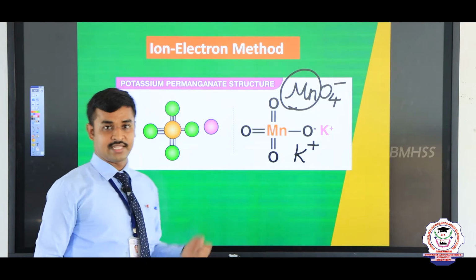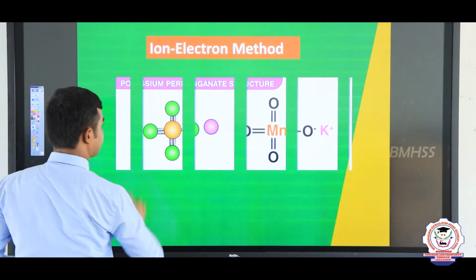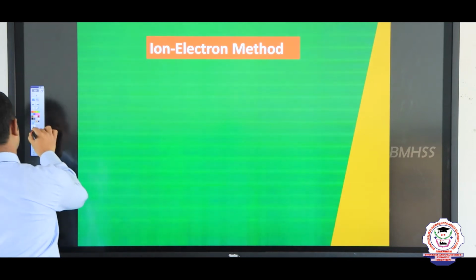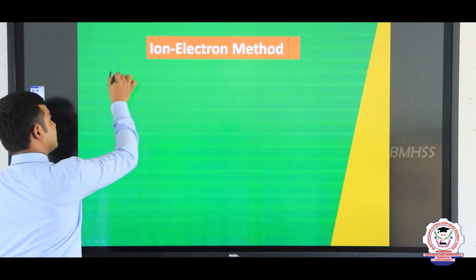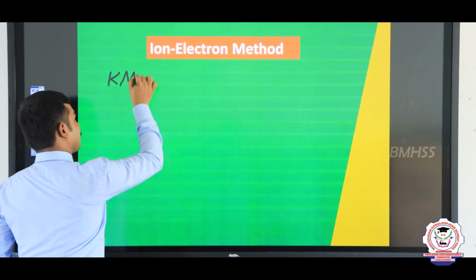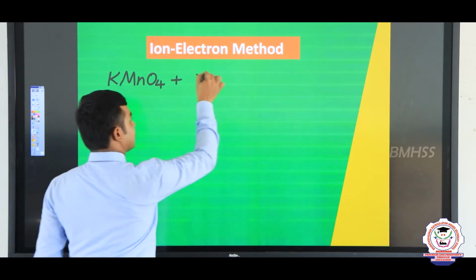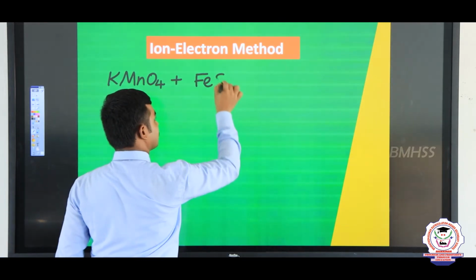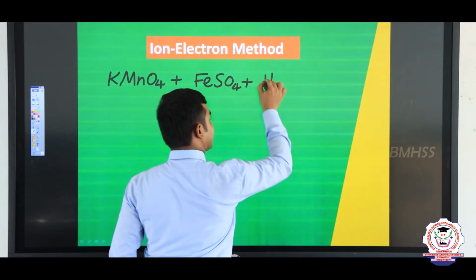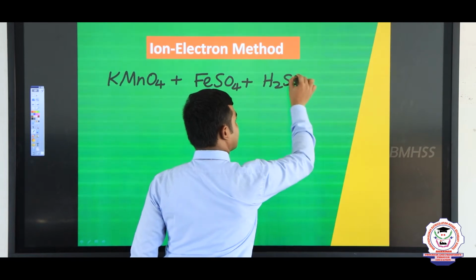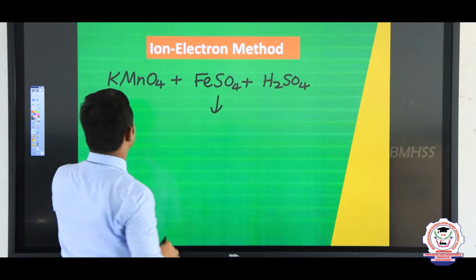First, we go to the reaction. Now, I write one example reaction. I take the same reaction we already did: KMnO4 reacts with FeSO4 and with sulfuric acid to form products.